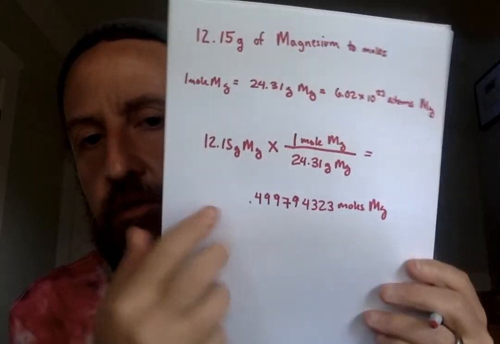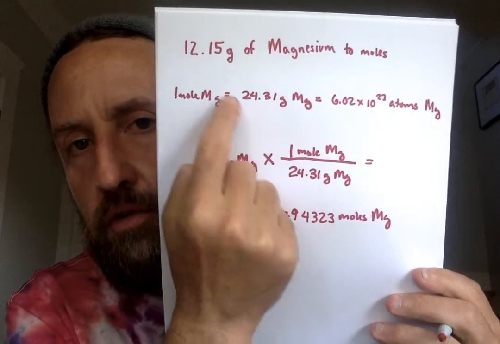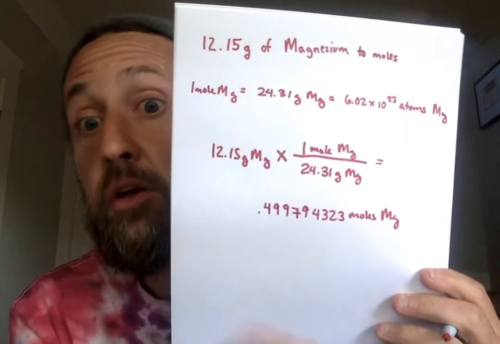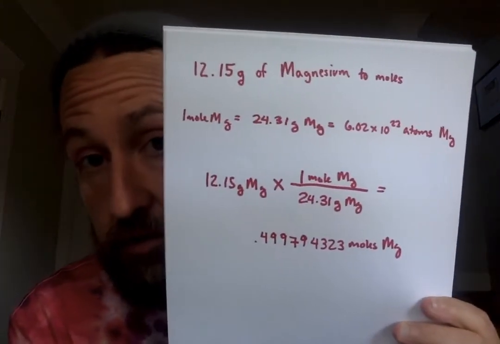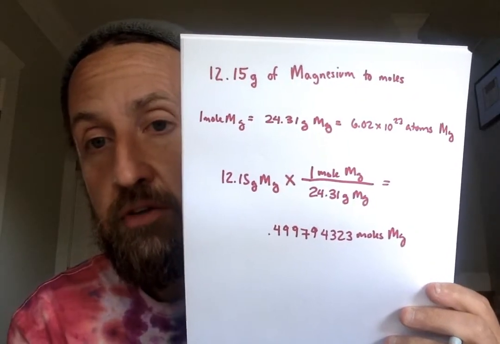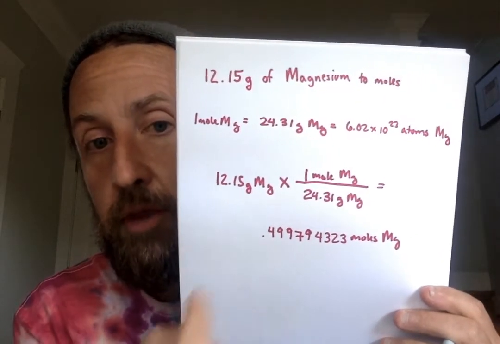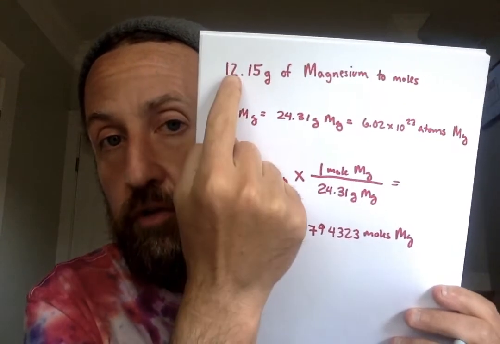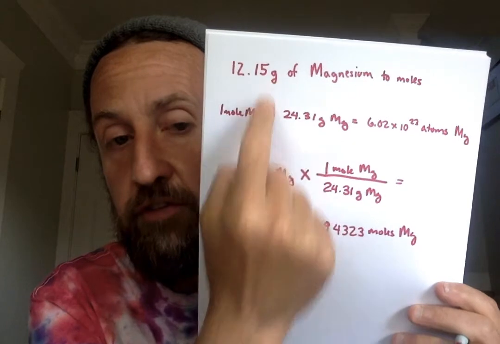Okay? And so what you do is you realize here that you have 1, 2, 3, 4 sig figs, because all non-zero digits are significant. So you have 4 sig figs here, and since this is a multiplication or division problem, you just keep however many that you have. So if you start out with 4 sig figs, we report 4 sig figs.